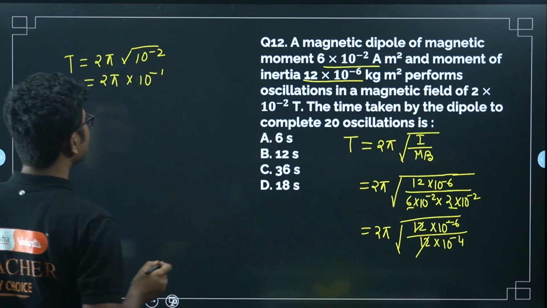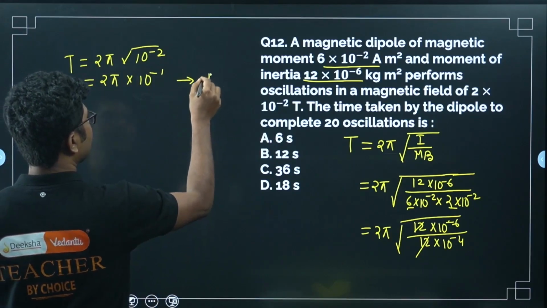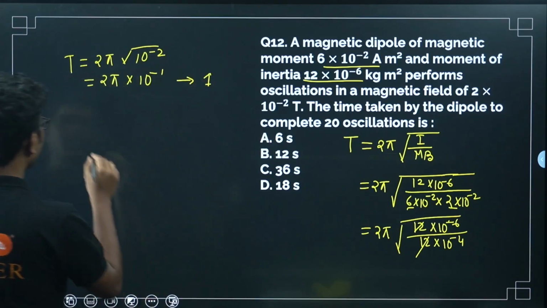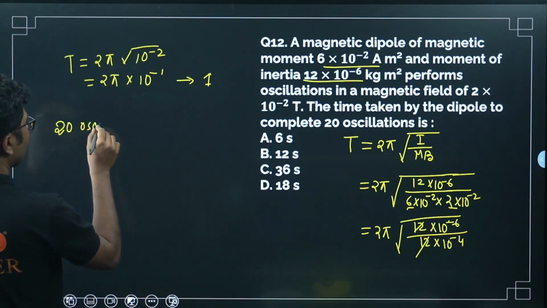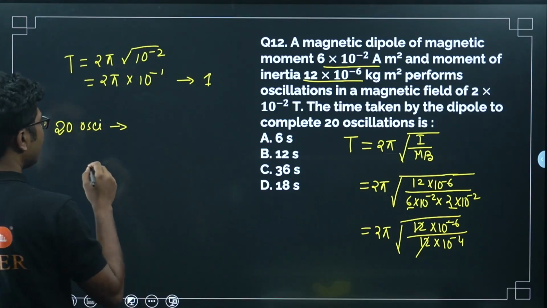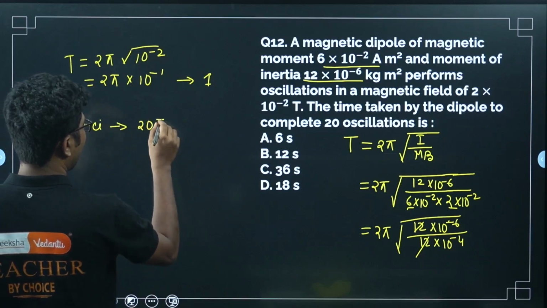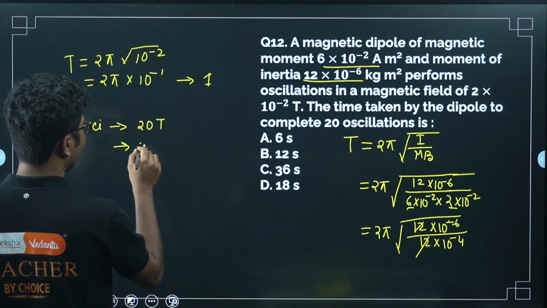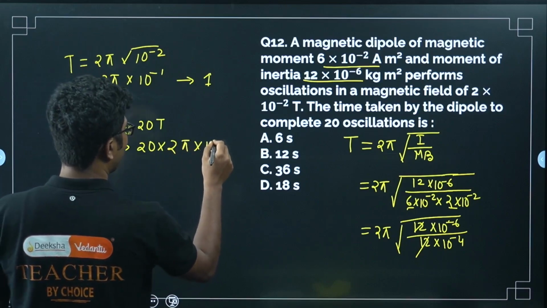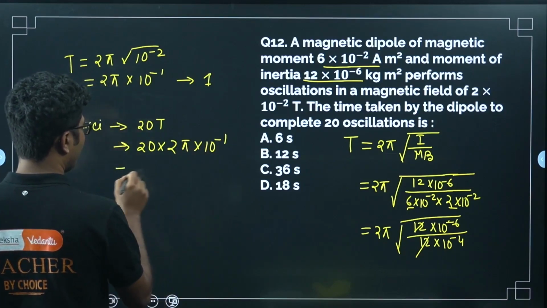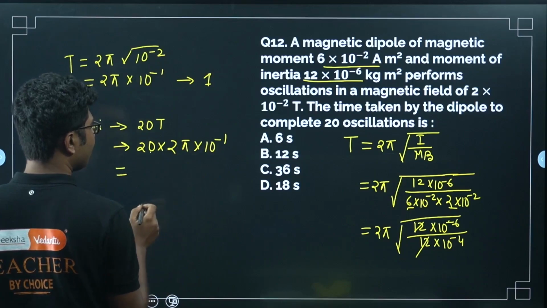Now this is the time for one oscillation. So for 20 oscillations, the time required will be 20T, that is 20 times 2 pi times 10 to the power of minus 1. Now 20 times 10 to the power of minus 1 means 2.